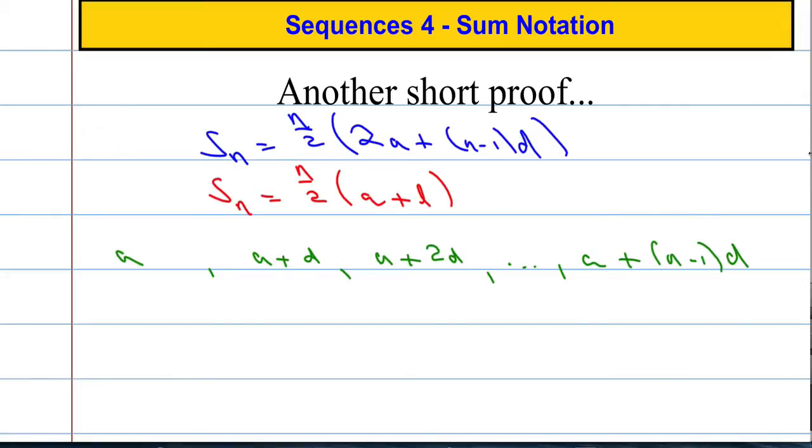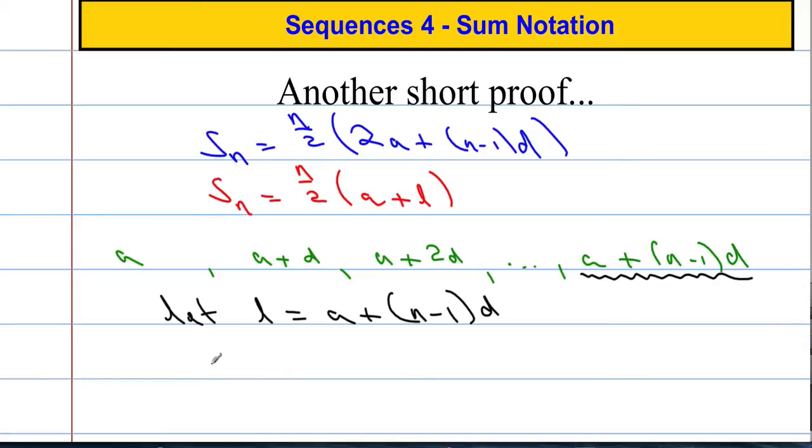The important thing is that the last term is this. So I'm going to let L be equal to a plus n minus 1 times d, and I'm going to substitute a plus n minus 1 times d in here.